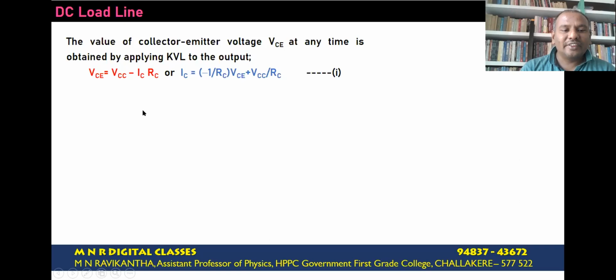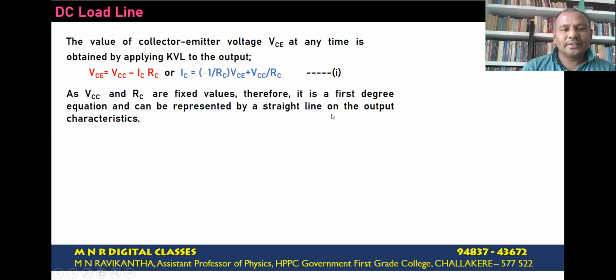We get VCC minus VCE minus IC into RC is equal to 0. Or rearranging the terms, VCE is equal to VCC minus IC into RC, or IC is equal to minus 1 by RC into VCE plus VCC divided by RC. Call this equation 1.